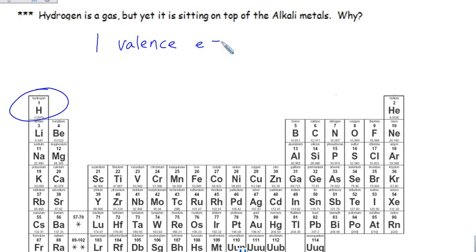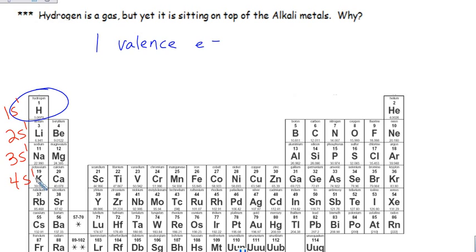He's a highly reactive non-metal, but he does have a similar electron configuration. Hydrogen's electron configuration is 1s1. Lithium will end in 2s1, then 3s1, 4s1, and so on.